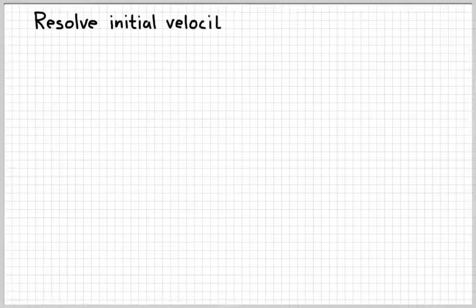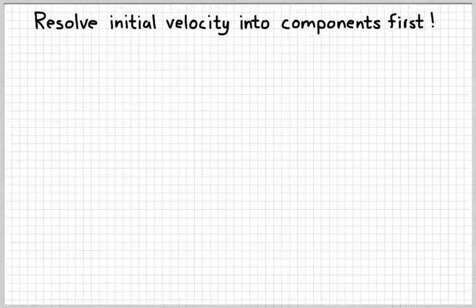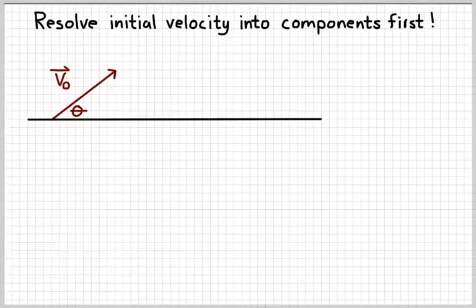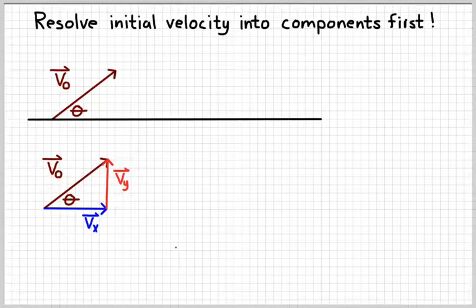So the first thing we'd have to do when analyzing a projectile launched at an angle is resolve the initial velocity into its horizontal and vertical components. So kind of redrawing the picture would look something like that. So we would break that up into an x component and a y component, and then use our three trig functions.